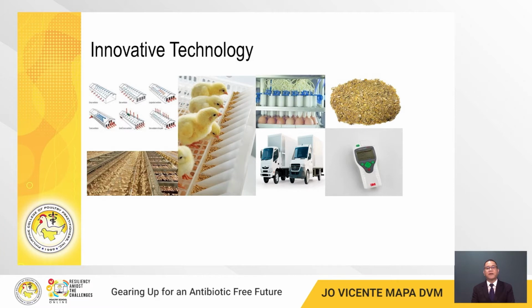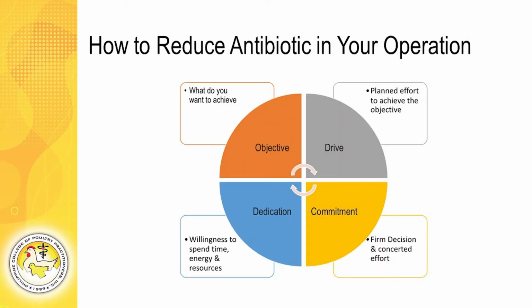After knowing the factors affecting the usage of antibiotics, we may now sit down and draft a plan in reducing antibiotic usage in our operation. This will be a team effort, and the operation must have the drive, commitment, and dedication in reducing antibiotic use.